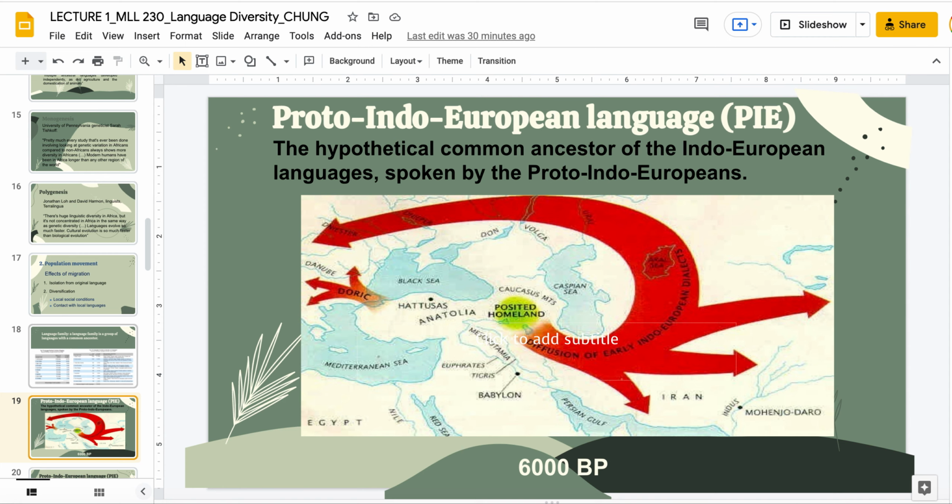So we're thinking with migration, everyone moved around Europe before 6000 BP, before common period. And so that is why we have such a diffusion of these early Indo-European language dialects.